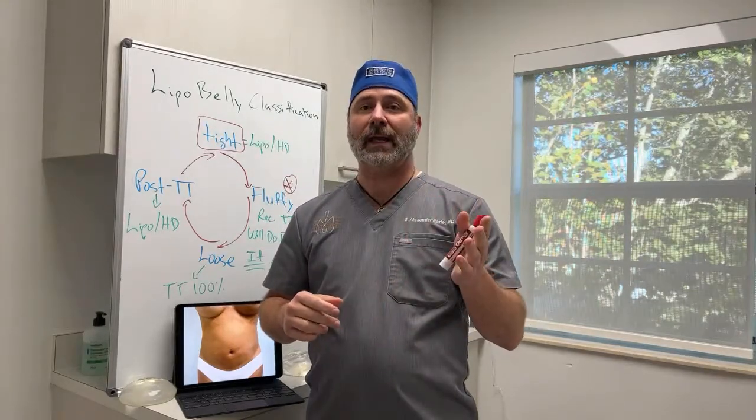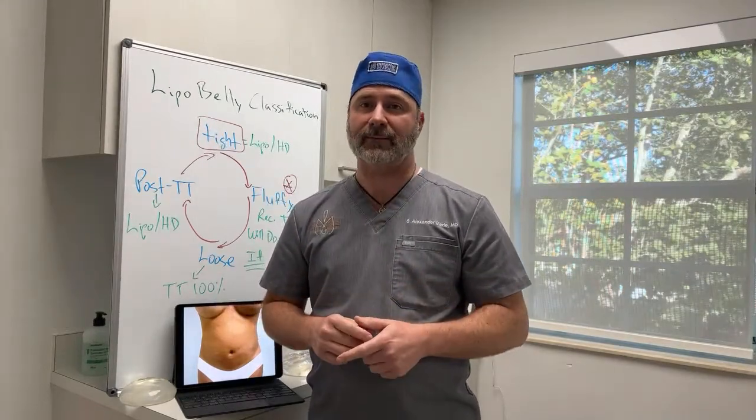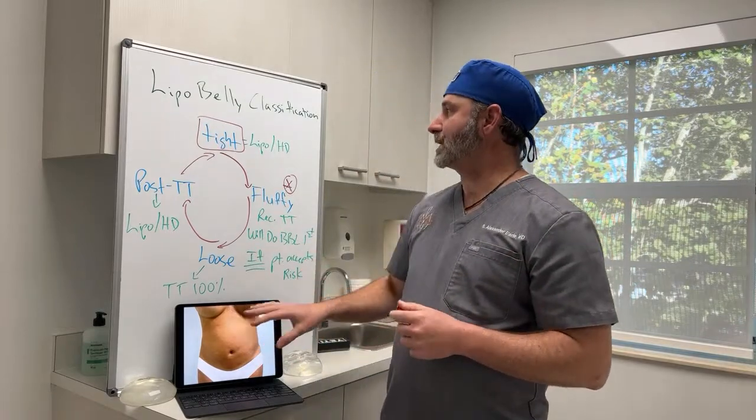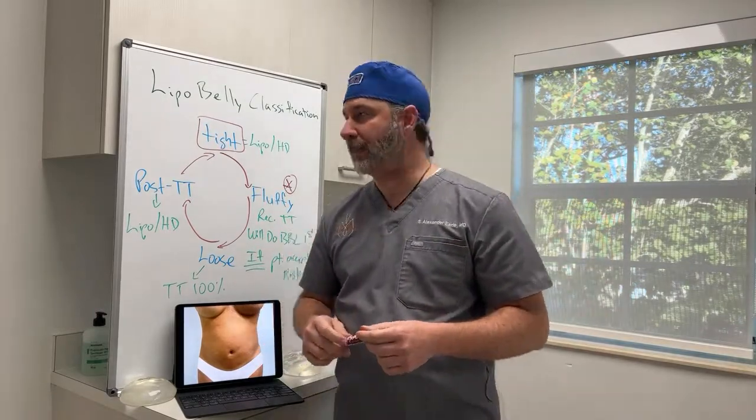Also, they didn't have a lot of weight fluctuations throughout their lives. They had a pretty stable weight, and they tend to be on the lower BMI range, perhaps 20, 22, up to 24 or so, perhaps 25, okay? But 25 is typically the limit for the tight belly patients.